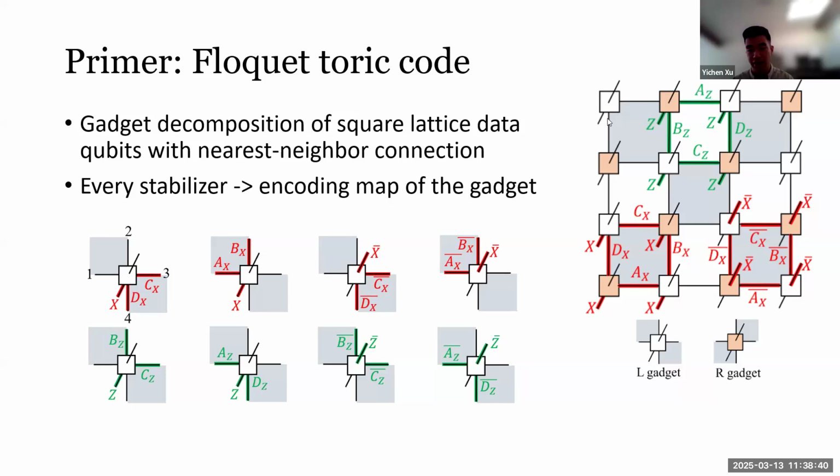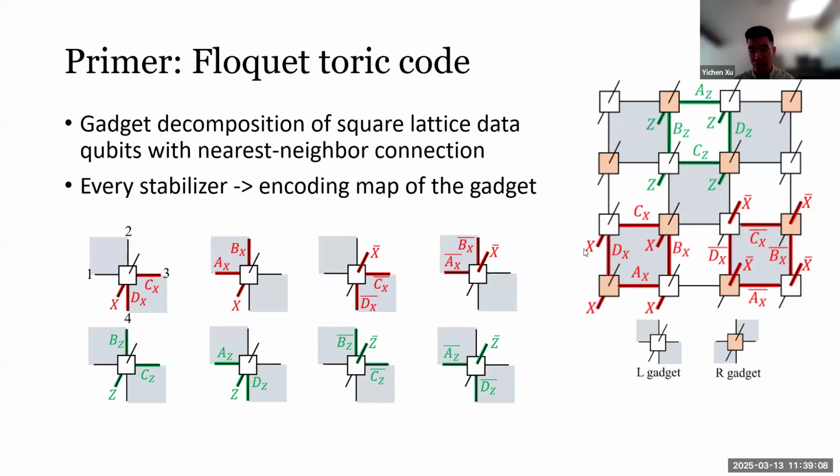The gadget is laid out in the 2D square lattice, and the incoming and outgoing legs in this figure point to the bottom left and top right. What we want is for the dynamical toric code to measure all these four-body stabilizers in the incoming toric code, and generate stabilizers of the outgoing toric code whilst preserving the logical information.